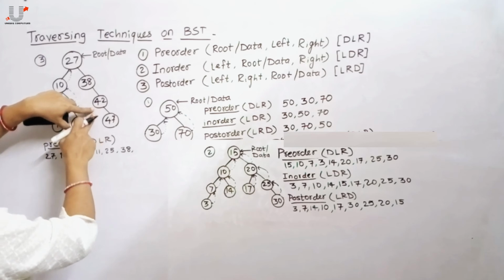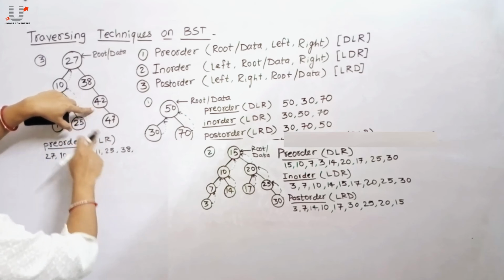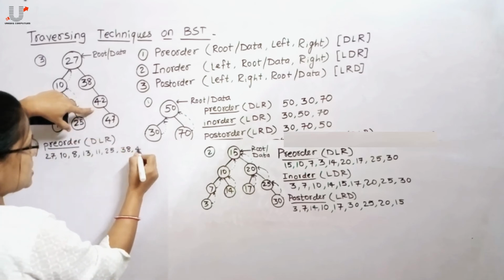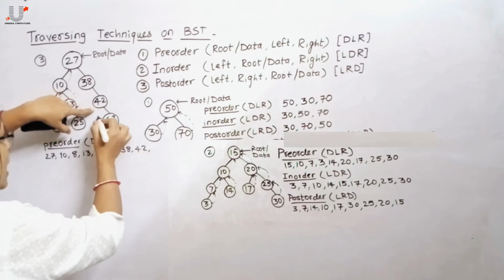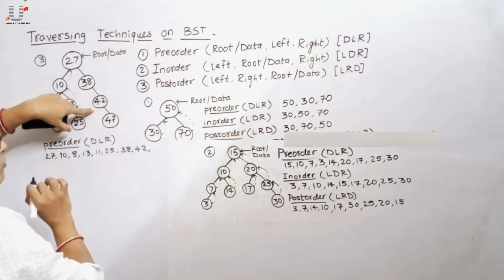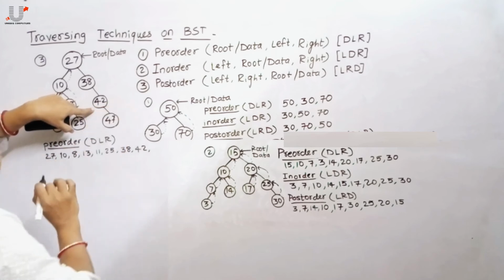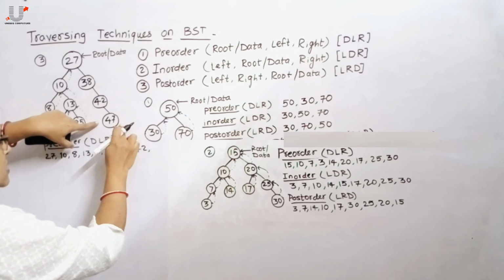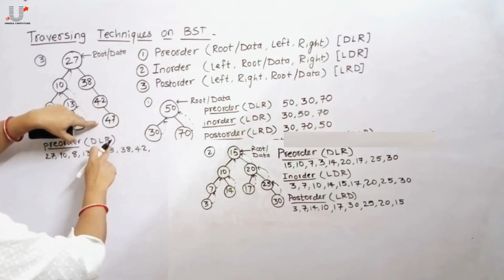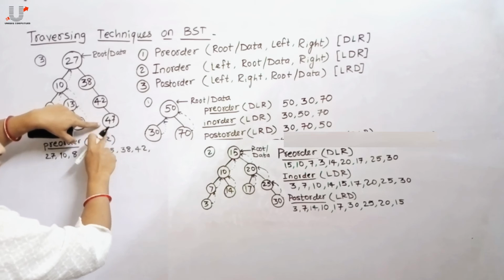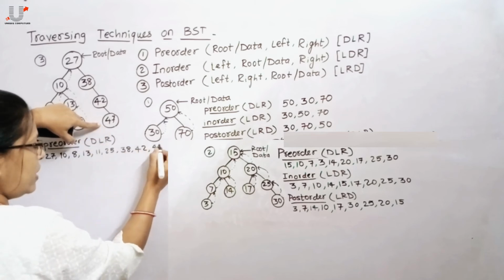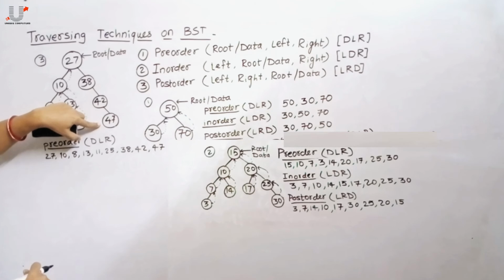Then again on this 42 apply DLR as data itself gets processed, that means 42 gets displayed. Then as no left child is present for 42, again backtrack to 42, move to the right subtree, again apply DLR, so 47 means data gets displayed.